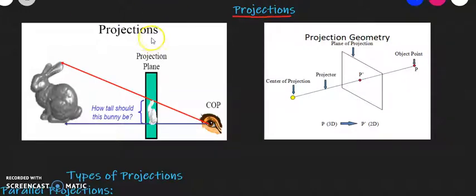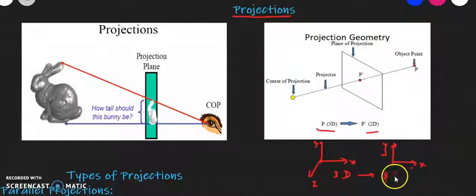Okay, so students, whenever we are doing any 3D to 2D transformation, we take any 3D object with X, Y, and Z placed in the world coordinate system, and now I want to present it in a 2D coordinate system with only X and Y. So I am converting my 3D to 2D, and that is where projections come into the picture.